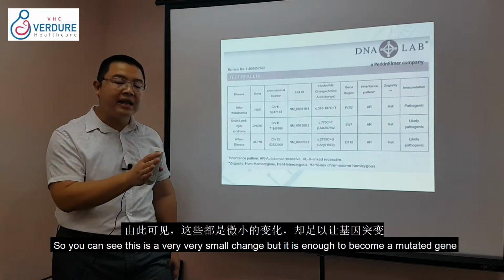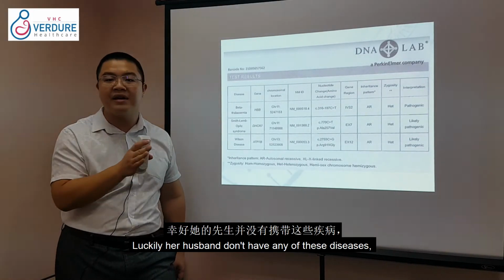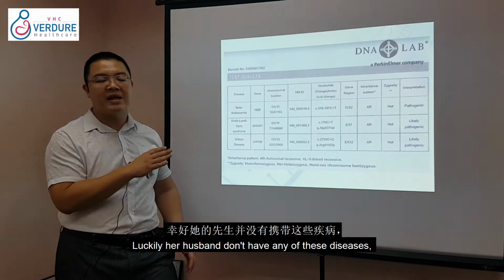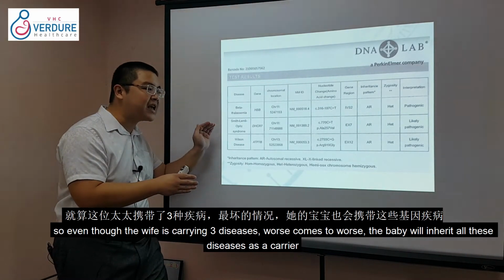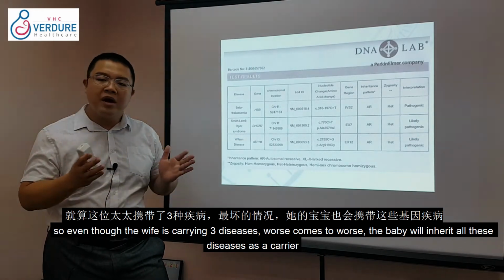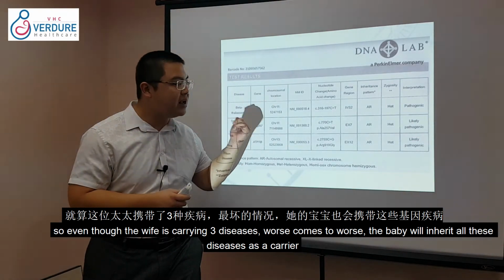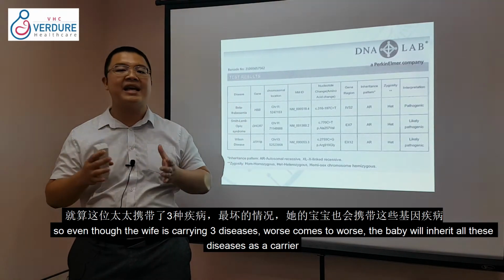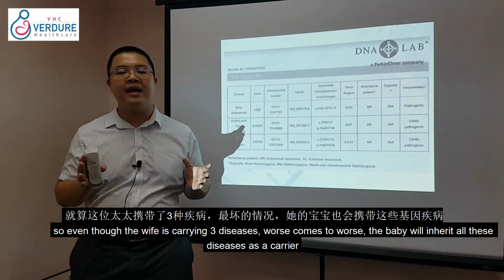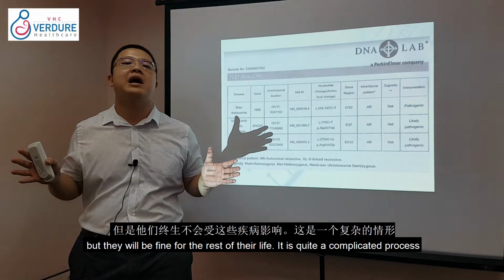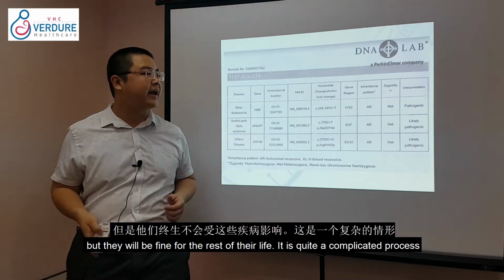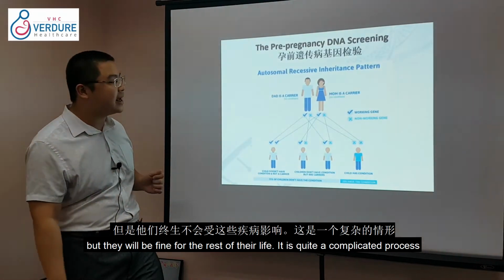And fortunately, her husband wasn't carrying any of these diseases. So even though the wife is carrying 3 diseases, worst come to worst, the baby will inherit all these diseases as a carrier, but they will be fine for the rest of their lives, okay? Right. So it is quite a complicated process.